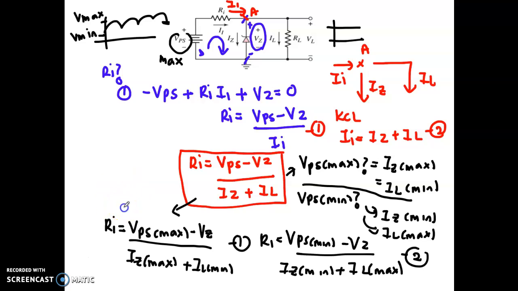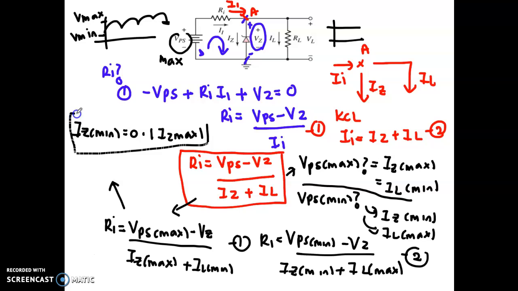But on top of that, you need one extra formula from the question, where you are going to assume Iz minimum is equal to maybe 0.1 Iz maximum. This will depend on the question given. So if the question gives the condition, you need to replace this into equations 1, 2 and 3, and then you can solve the question. We will see the first example after this.